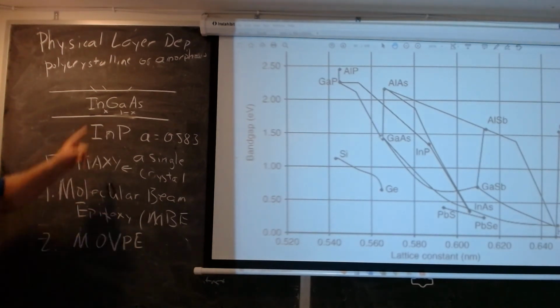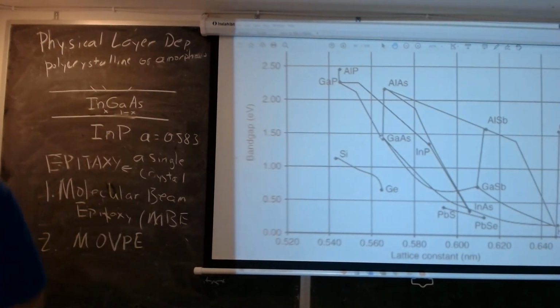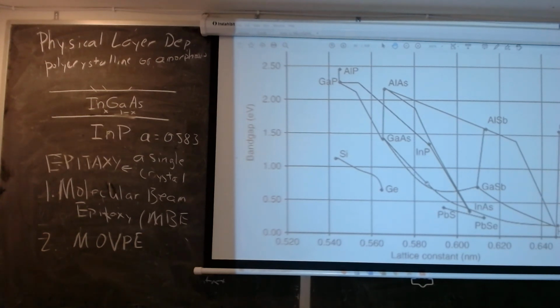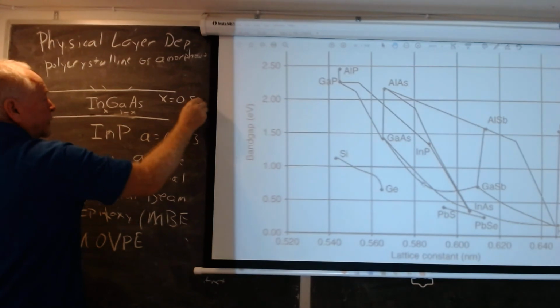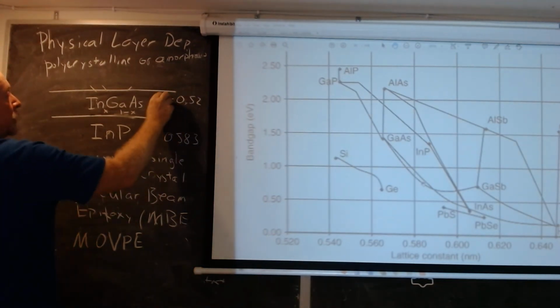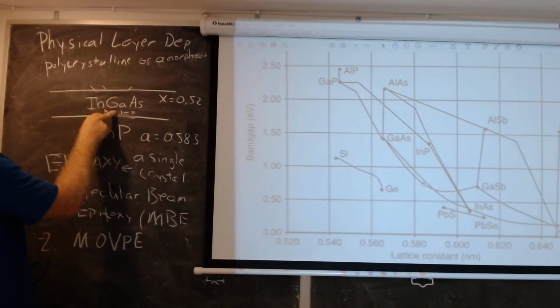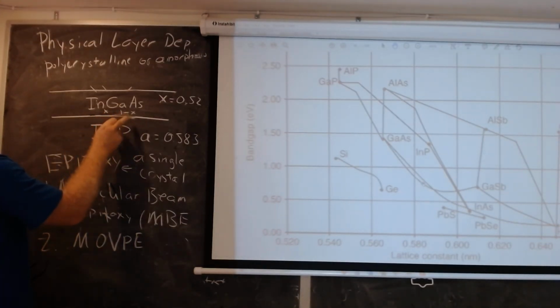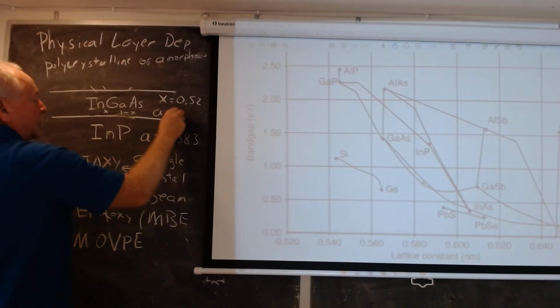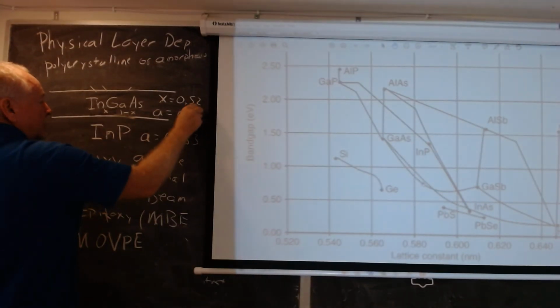And if you adjust X right, and that's what's meant by these lines going between. So it's not gallium arsenide, it's not indium arsenide, but it's an alloy between them. And if you adjust X right, for a particular X, for X equal to 0.52, if my memory is correct, meaning you're depositing a crystal that's 52% indium and 48% gallium, then A matches. Okay?